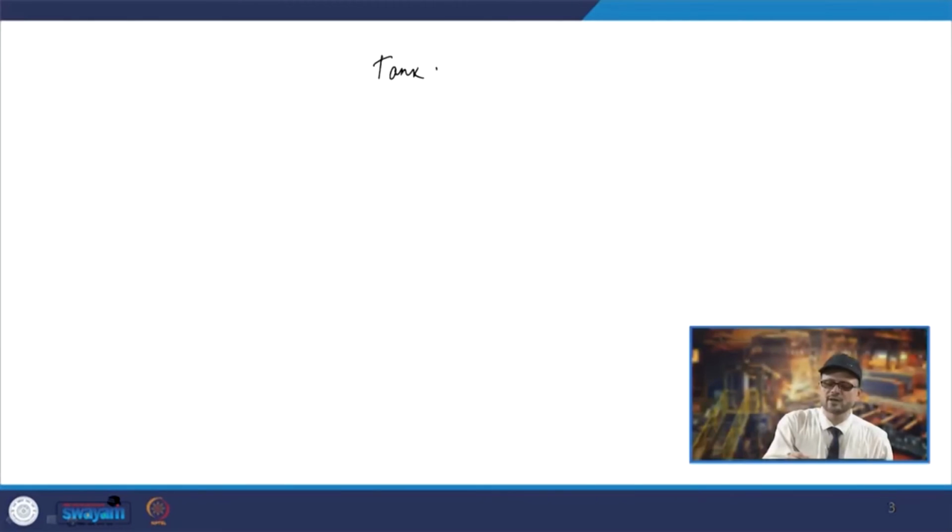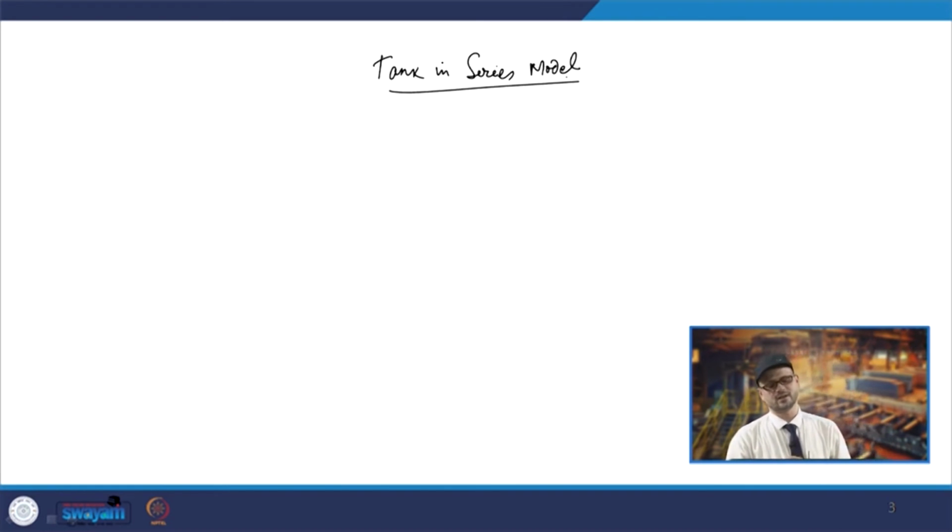So, if you talk about this tank in series model, what we talked about is that you can have the tanks connected in series, and you have these tanks as well mixed tanks.